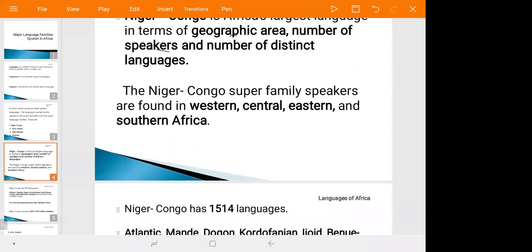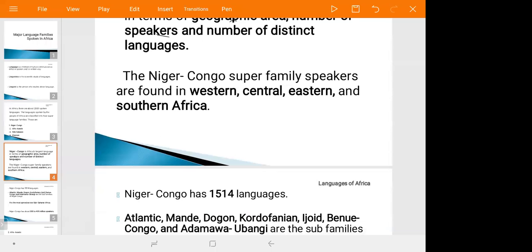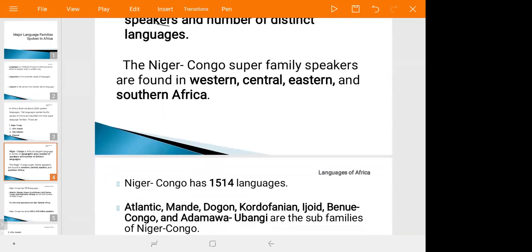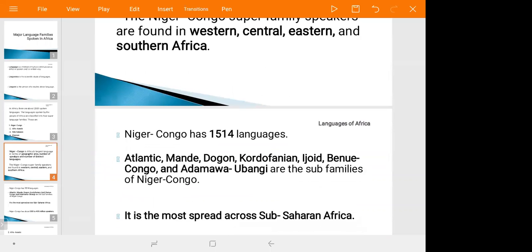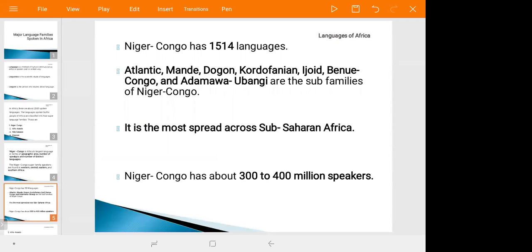We don't have Northern. It means south of the Sahara Desert, not within the Sahara. And when you come to the number of speakers, it is about 300 to 400 million in Africa.